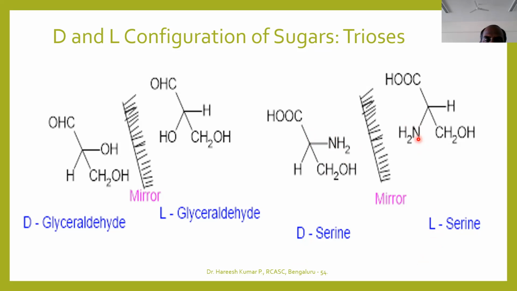So this is how you can assign a D and L configuration to the trioses and also to an amino acid. Here, for the amino acid, I have taken serine as an example.